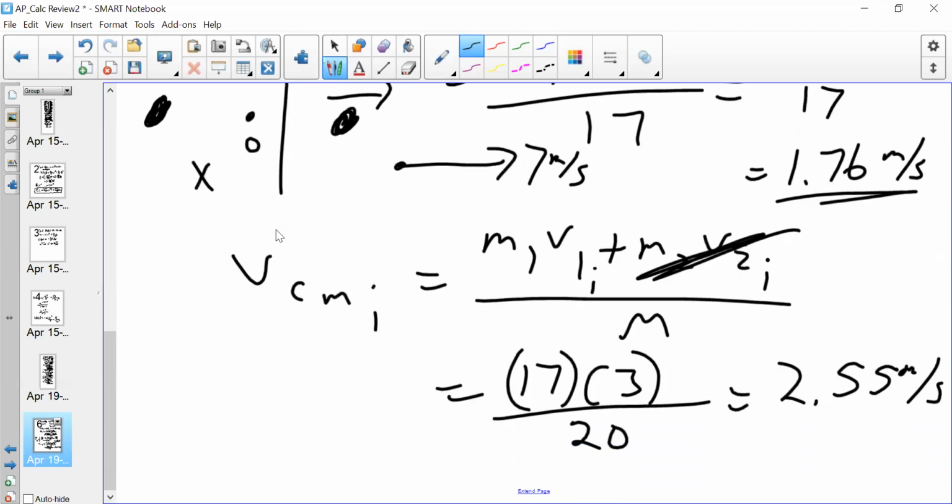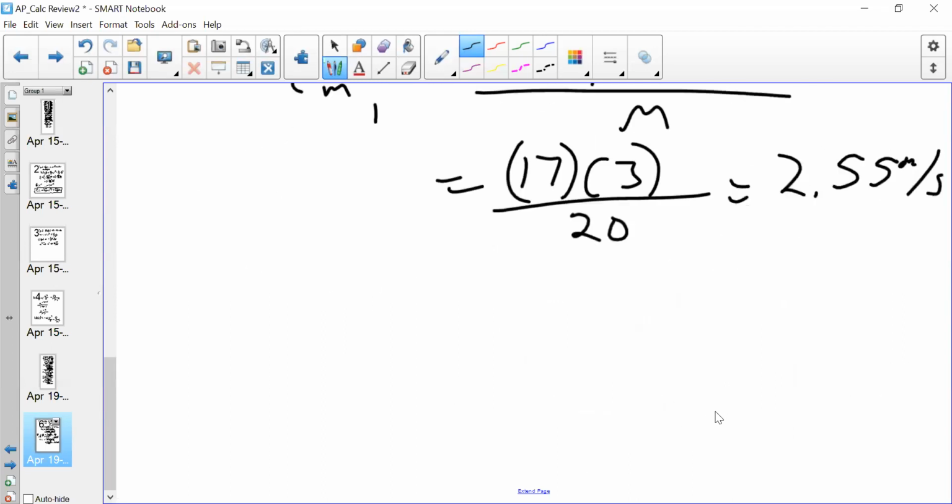And then in the end, that 2.55 will be the same, by conservation of momentum, because we have the same mass before and after. So the center of mass will be the same before and after. And if you don't see that, we can prove it.